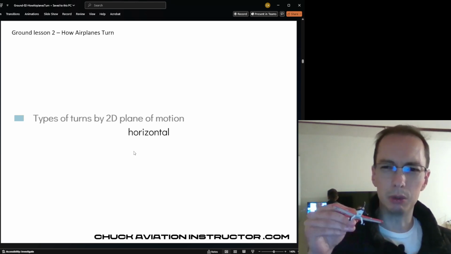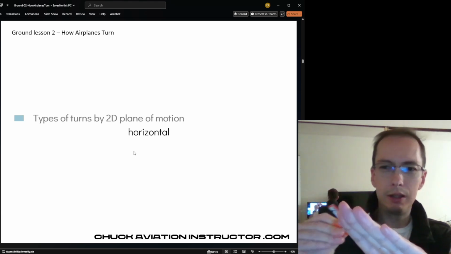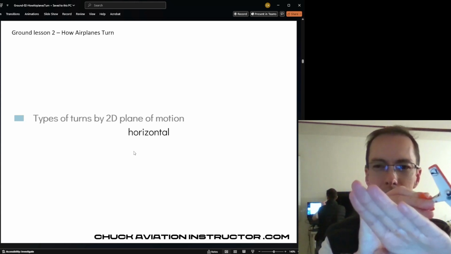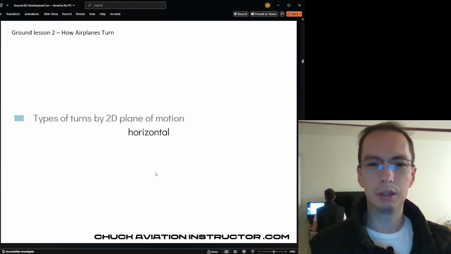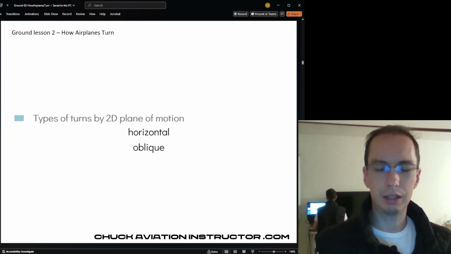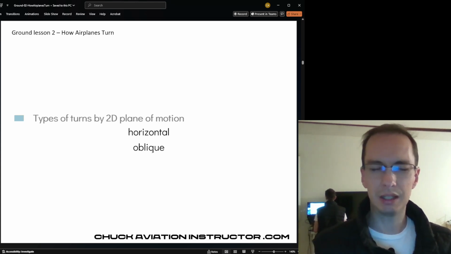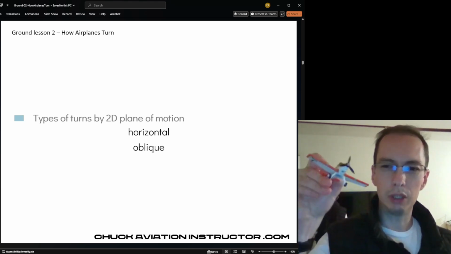Now, what happens when you climb and you're turning at the same time? It feels like there's an oblique plane that cuts the ground at some point. As long as your airplane doesn't, you're fine. And it's the same, an oblique plane of motion, when you climb or when you descend.